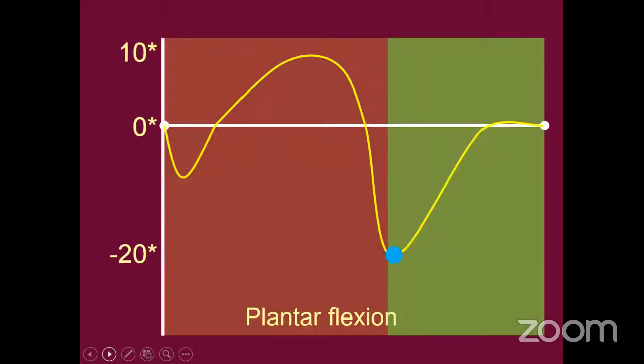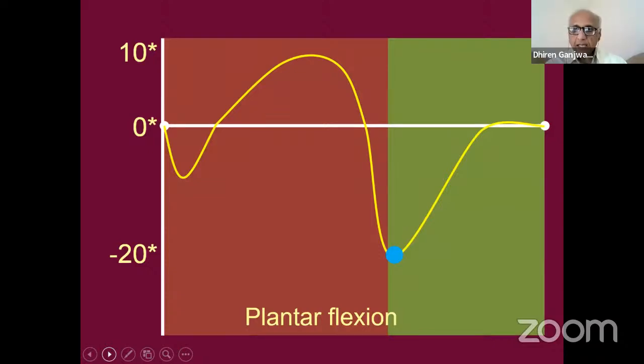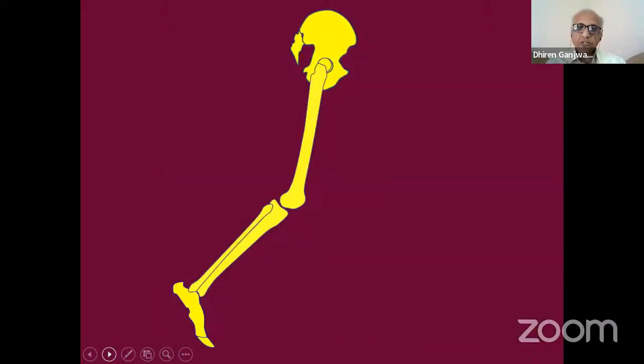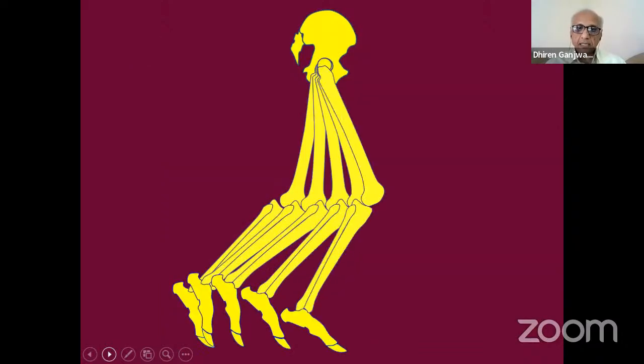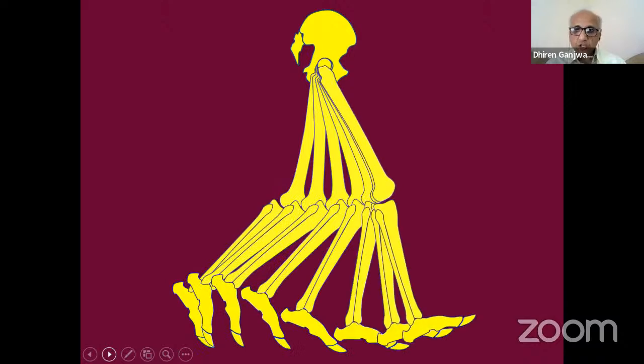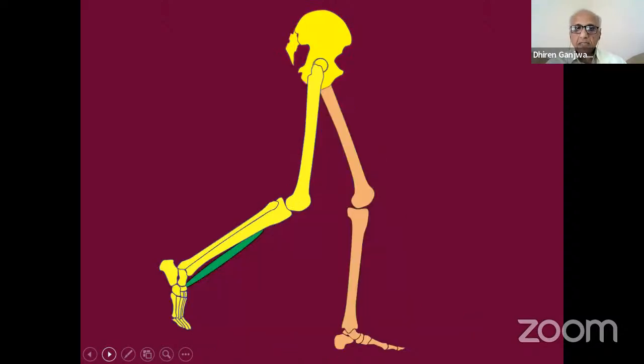Coming to the fourth rocker, or actually the fourth phase, in which there is a dorsiflexion. The function of this dorsiflexion at the ankle is for ground clearance. And at that point, the tibialis anterior works concentrically, so it has been shown in a green color.